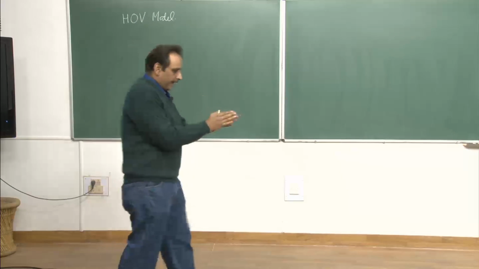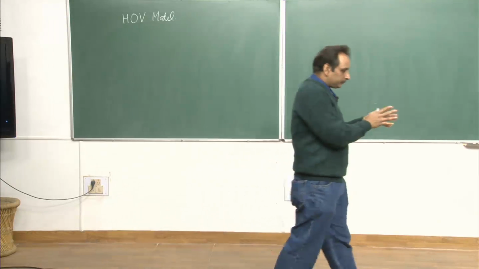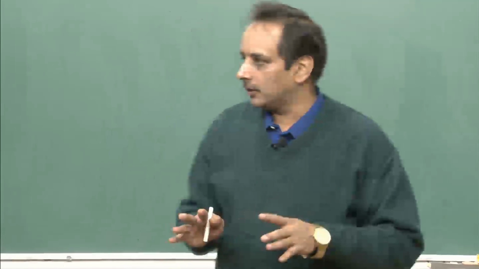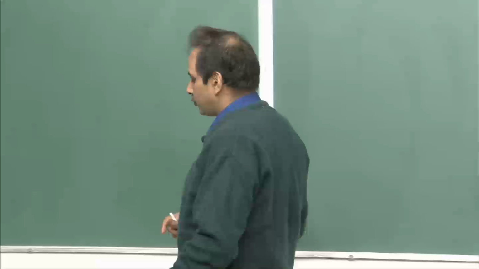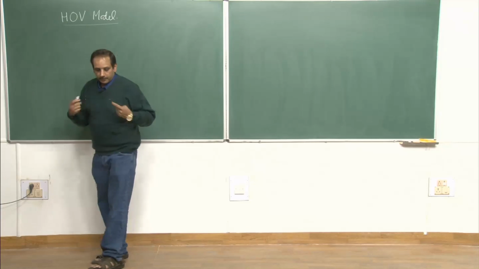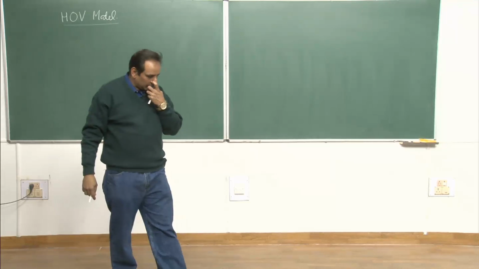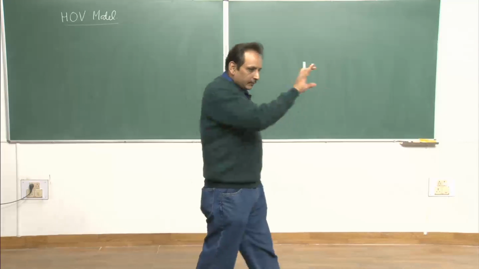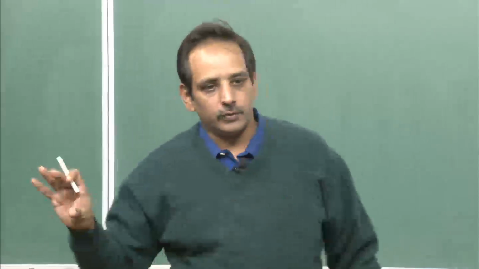So, trade, technology and endowments are related through the HOV model. Now, I will go to the board and define the model to you, and then we will get the final equation of the HOV model.